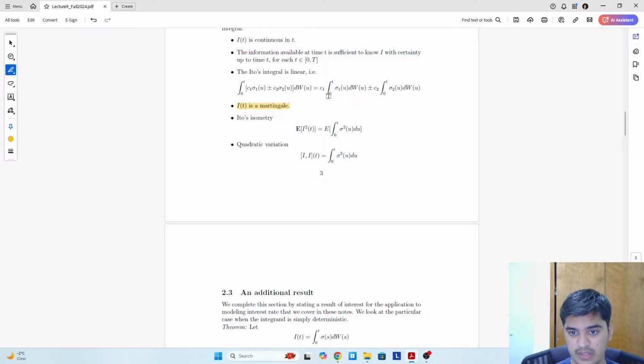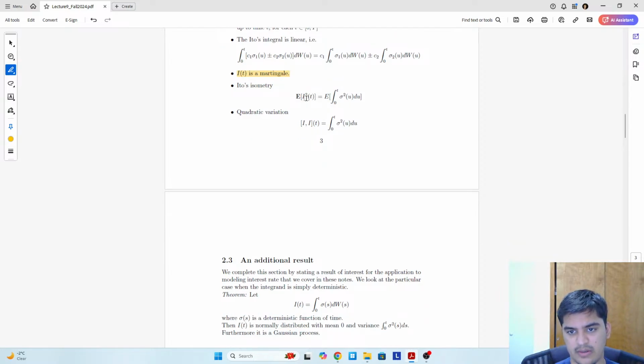Ito's isometry: the expectation of I squared(t) is equal to the expectation of the integral of sigma squared(u) du. So E of I squared(t) equals the integral of E of sigma squared(u) du.